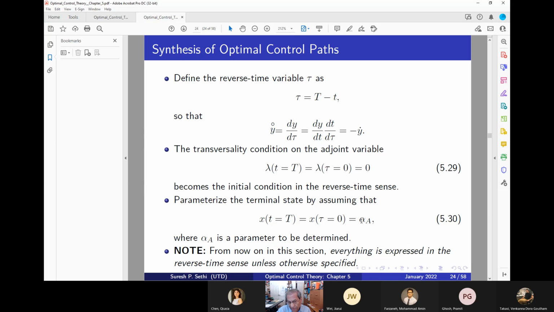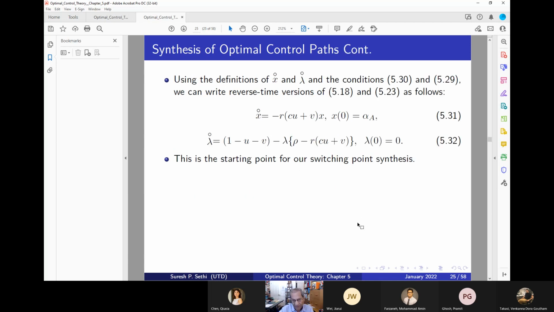Okay, that's what we're going to do. You're going to guess the value to be alpha A, and you're going to solve the problem in reverse time, which now is as if we are solving an equation beginning from 0 to capital T. So our differential equation now is x circle is this equation, and alpha A is x at 0.